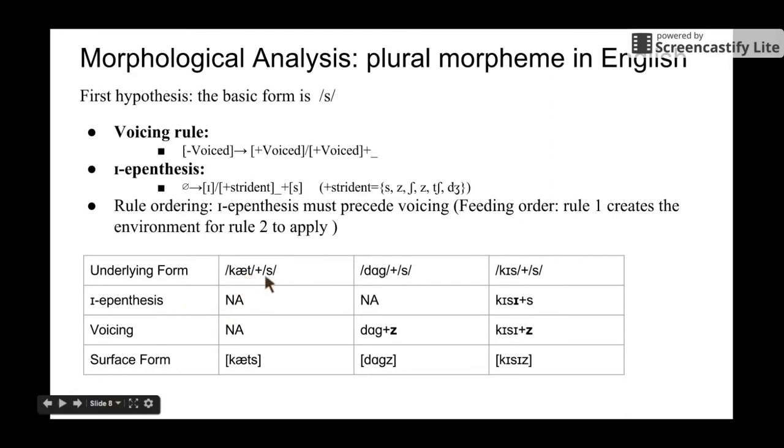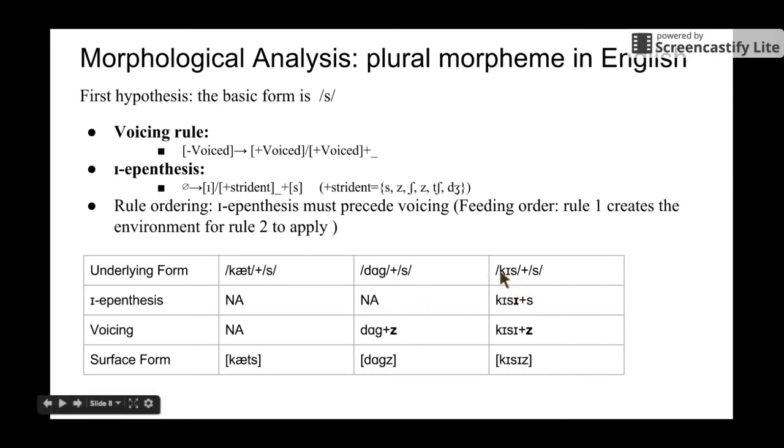So we have three words to derive, right? And we have the same underlying form, the basic form. And first we apply the epenthesis rule, and this is not the environment for epenthesis, so we have non-applicable, NA, and the same for G and S, NA.